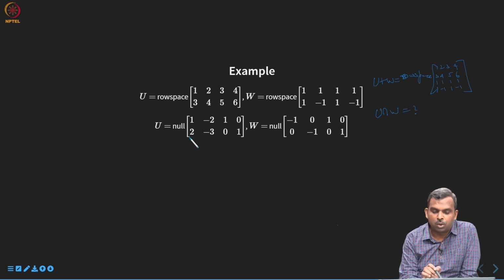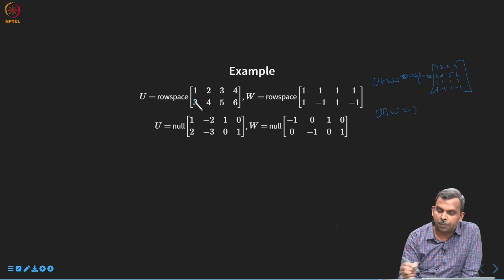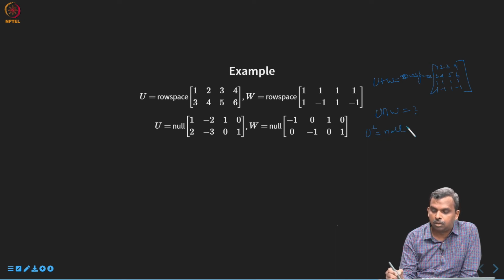So, U perp is basically null of 1, 2, 3, 4, 3, 4, 5, 6, and you can find the basis of the null space.